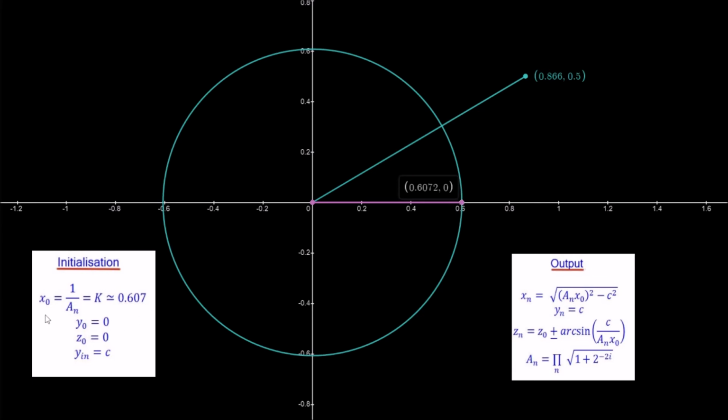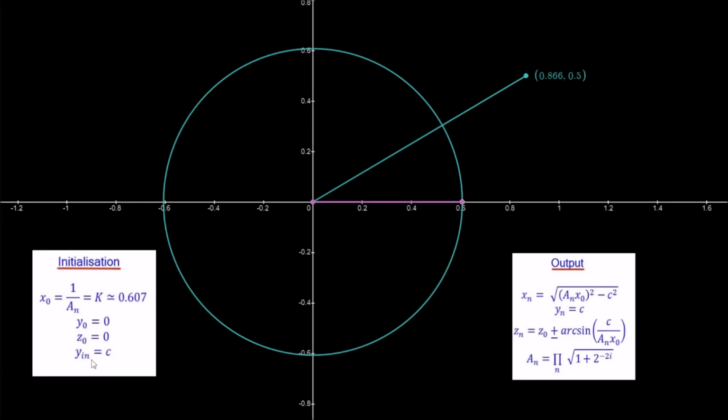And you can see the value for y0 is the height of this vector, which is the value of 0. And the original angle that we start off is this angle here for this vector again, which is an angle of 0. And the comparison we're making is with the height, which is our yn, which is a value c, which in this case is going to be our 0.5.